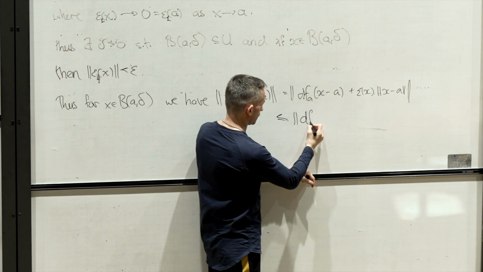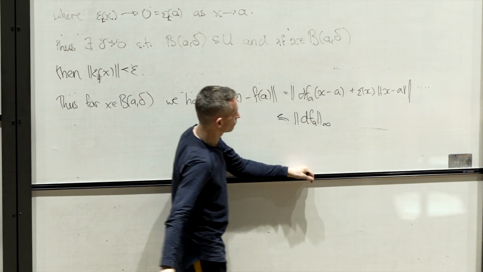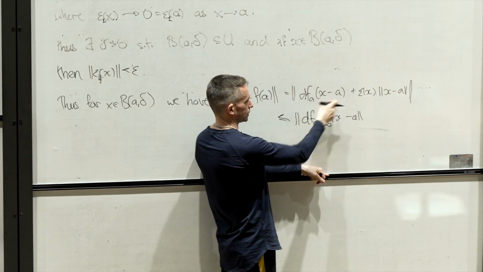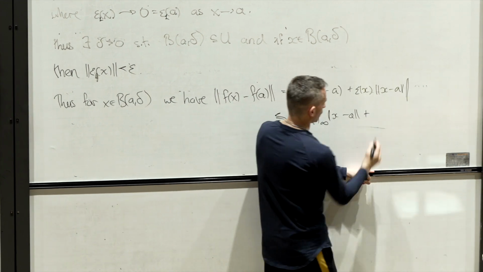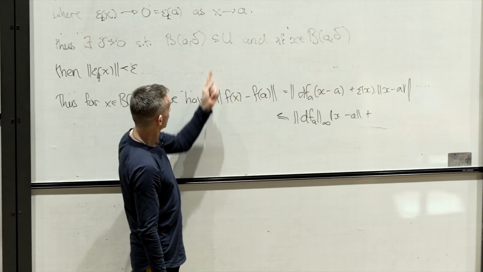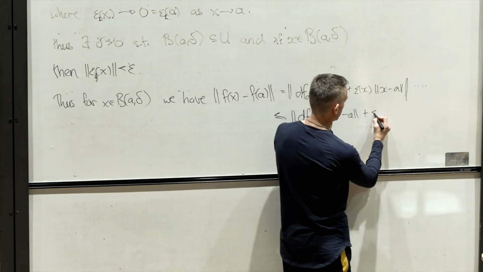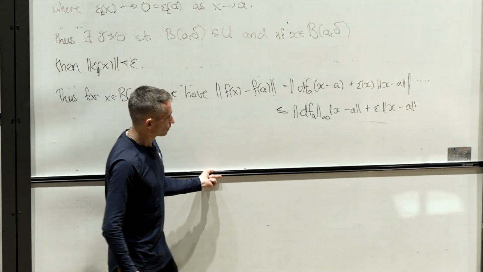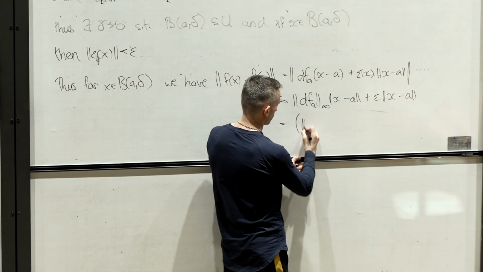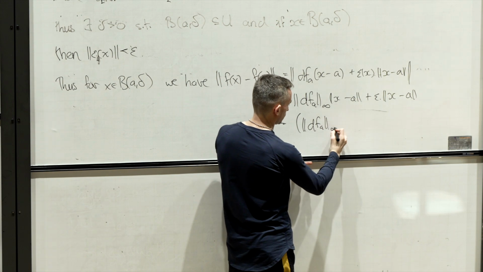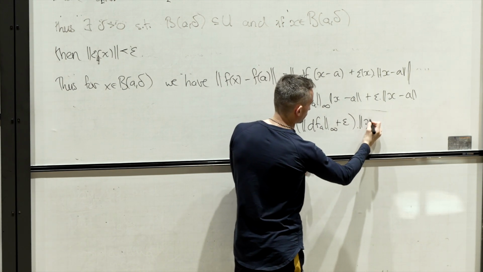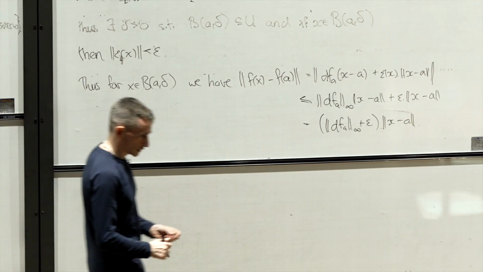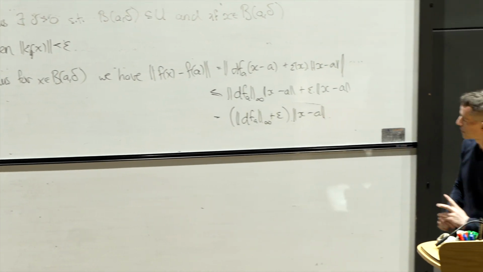That's saying that the operator norm of the derivative times the norm of x minus a is at least as big as the norm of this vector. And then here, we bounded this by epsilon by the choice of delta. So this is bounded by epsilon times the norm of x minus a, which is exactly what we wanted. Okay, so that establishes that if you're differentiable, you're continuous.